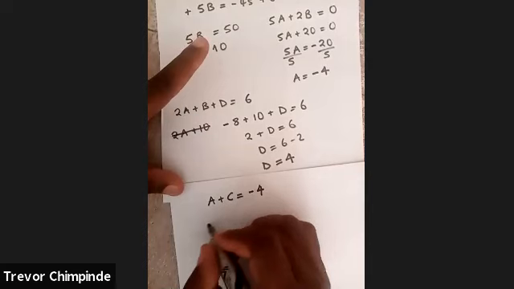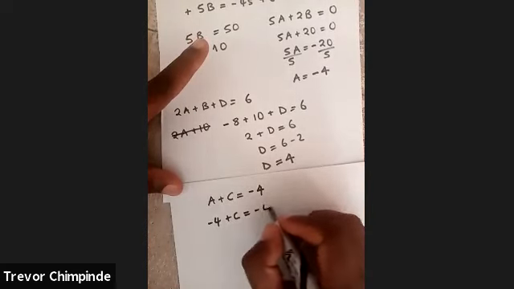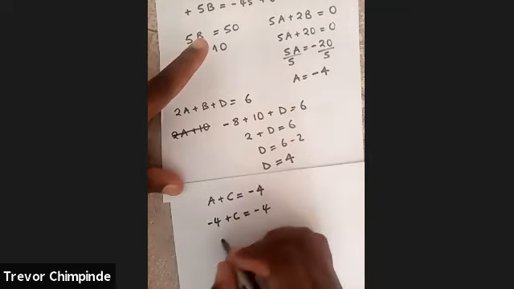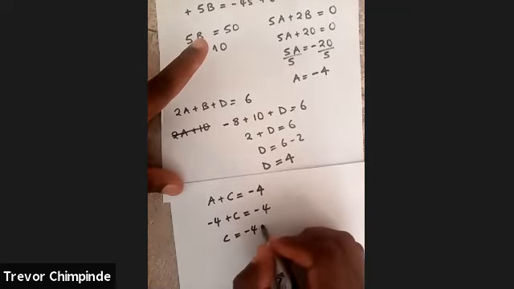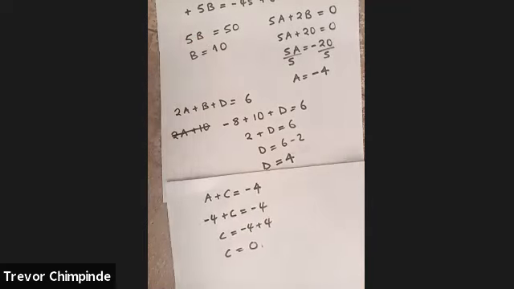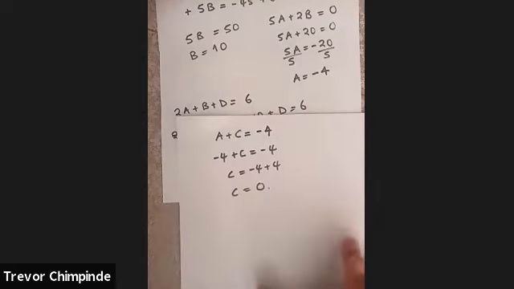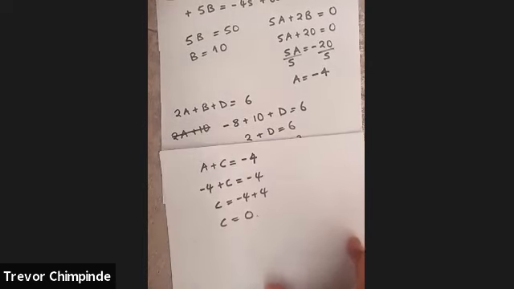My A is negative 4, so negative 4 plus C is equal to negative 4. So C is equal to negative 4 plus 4, and my C is equal to 0. So I found what my A, B, C, and D are.